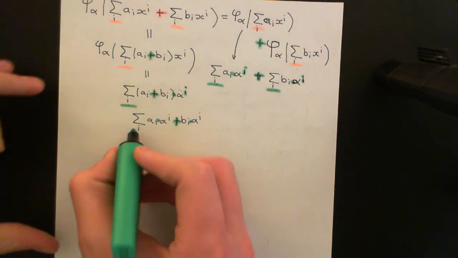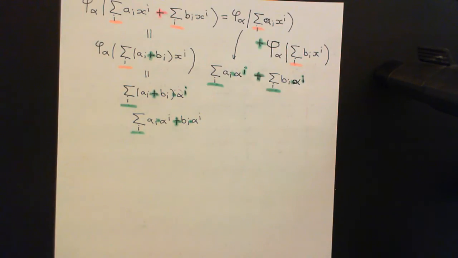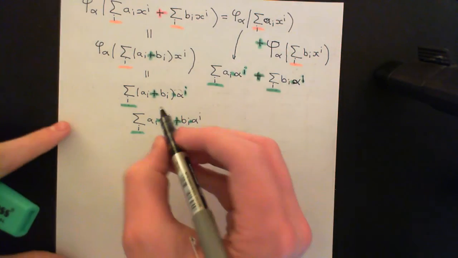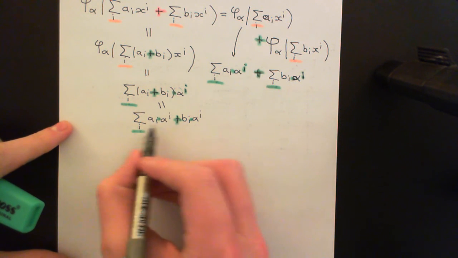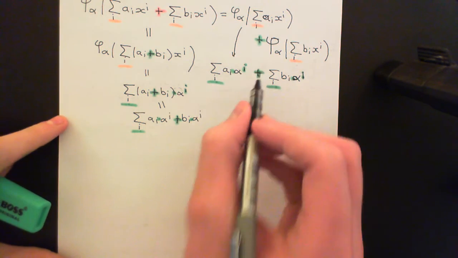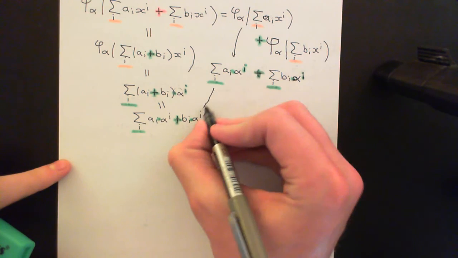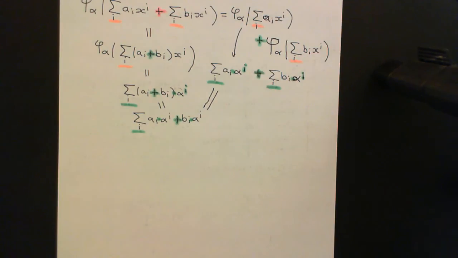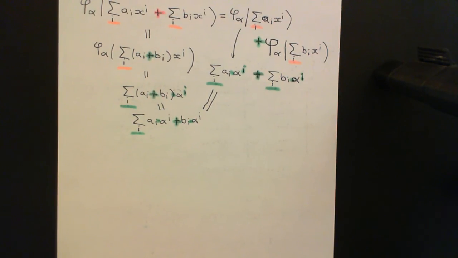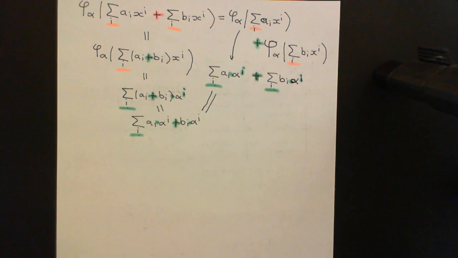And then of course it doesn't matter what order we add things together, we have associativity and commutativity of addition in a ring, so we can easily split these up into these two separate sums. So this will be equal to this. Indeed we have shown that this mapping satisfies the first homomorphism criterion.